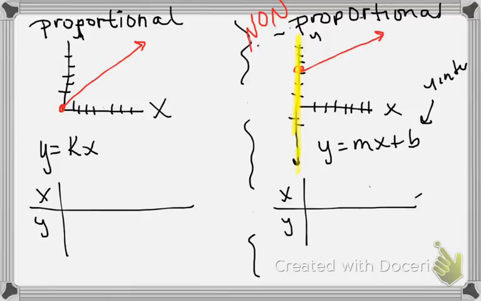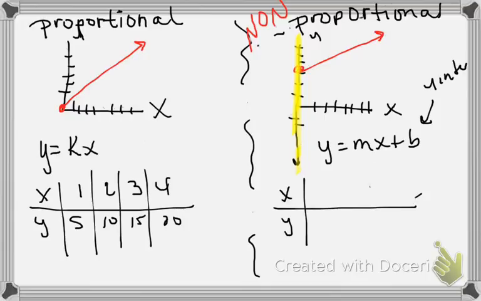When we're looking at a table, we're looking at a constant of proportionality. So let's say we have 1, 2, 3, 4 and 5, 10, 15, 20.